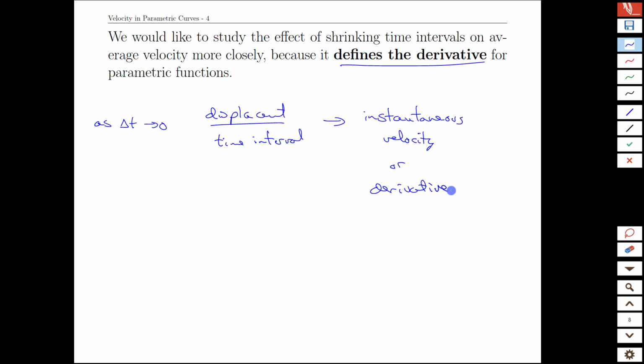Only now our function has two outputs and a single input, so it's going to be a little different than what we've seen before, but we're going to see tons of parallels between earlier derivative calculations and vector value derivatives. We just need to investigate the details.